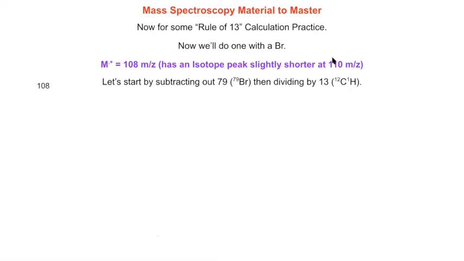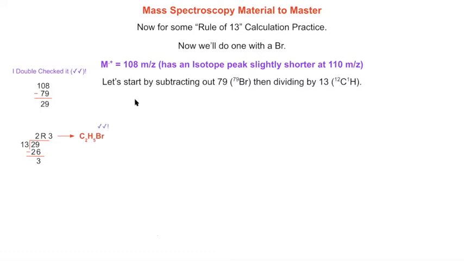And so what I do before I do the rule of 13 calculation, I just take the bromine out of the number. So I'm going to take my molecular ion, 108, I subtract the bromine mass right away, and then I do a rule of 13 on what's left. And I double check all my calculations as I'm going through.